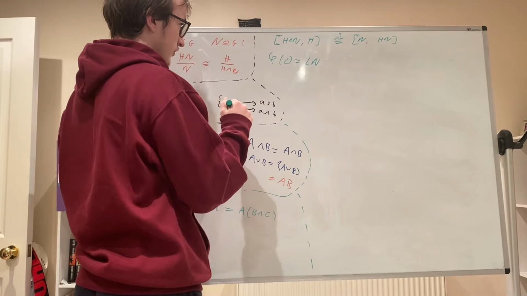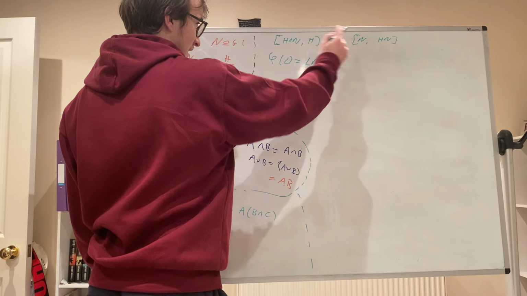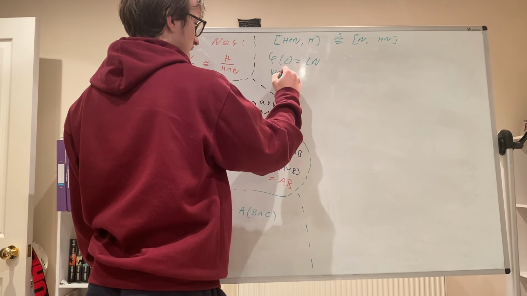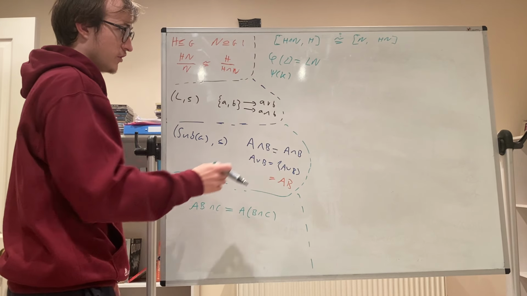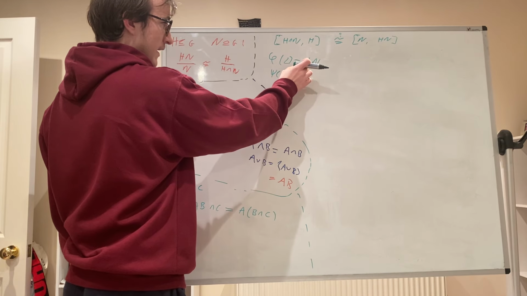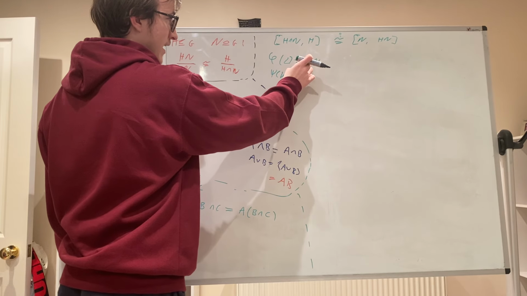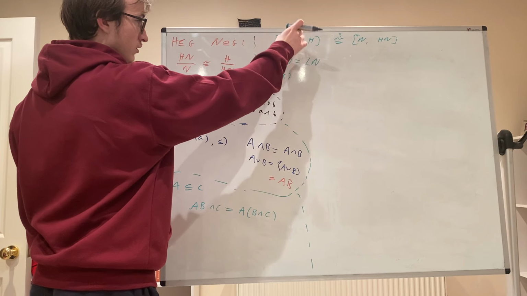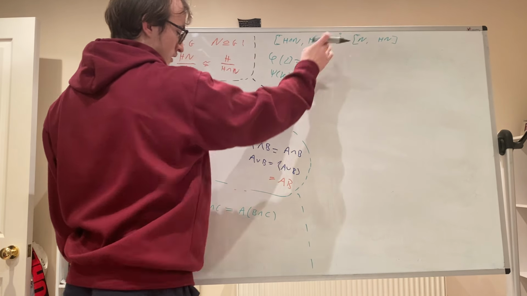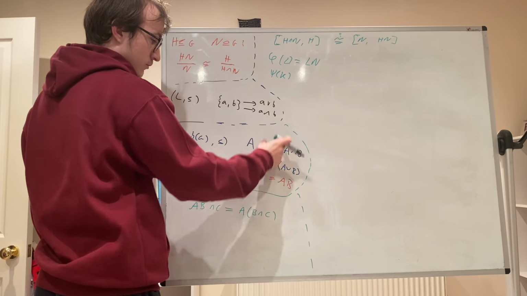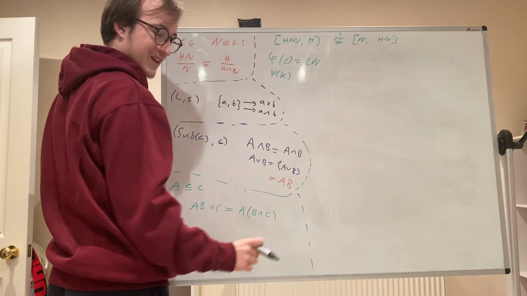And what else do we have? Well, we need an inverse to this map. Notice that I'm taking phi of L to be L join N, because N is normal, so the product is just the join.